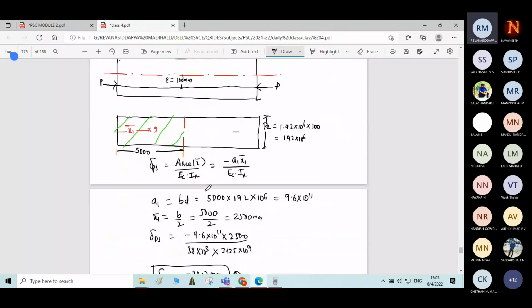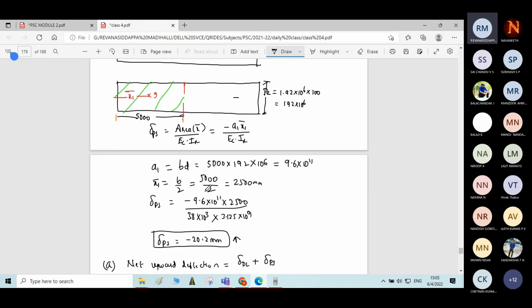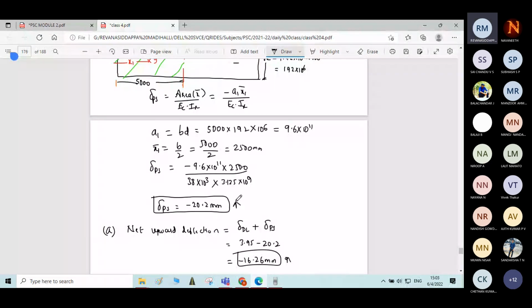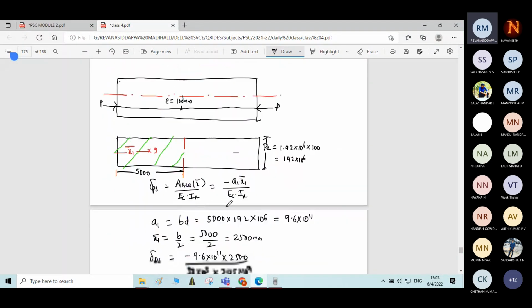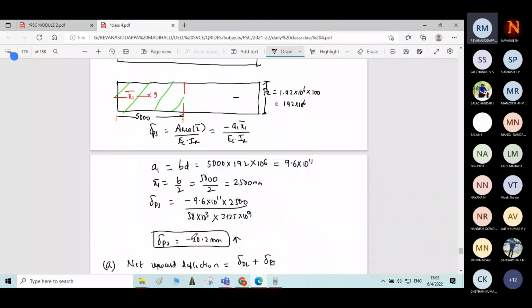Now, there is one easy way to calculate deflection due to prestress by considering the loss. We have already calculated deflection due to prestress with 1.92 into 10 power 6 as the prestressing force value. You got it as 20.2 mm.